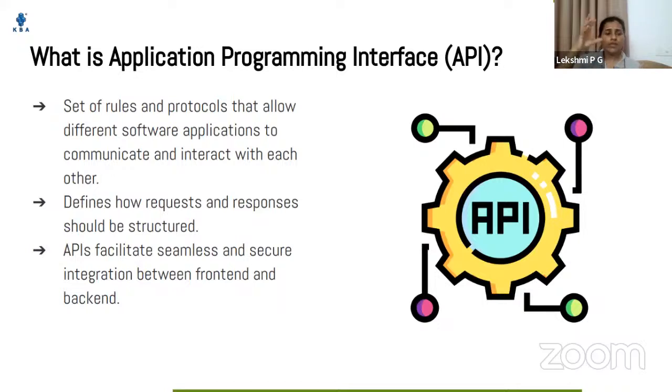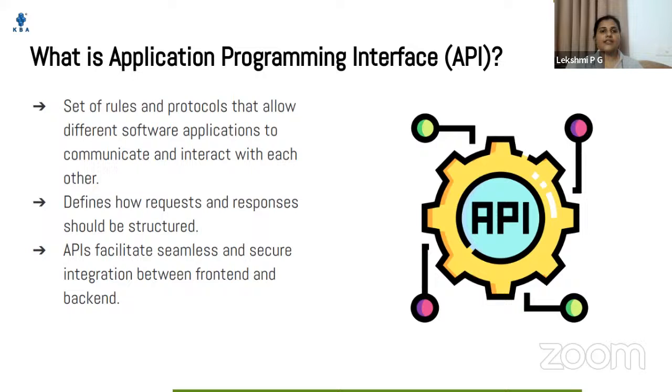So the front end part will be on one system, the backend part will be on some other system. So how are they interacting? They should interact, right? If I am searching for something, or if I am putting some data into that web application, it should reach the backend, right? So there should be an interaction between the front end and backend.